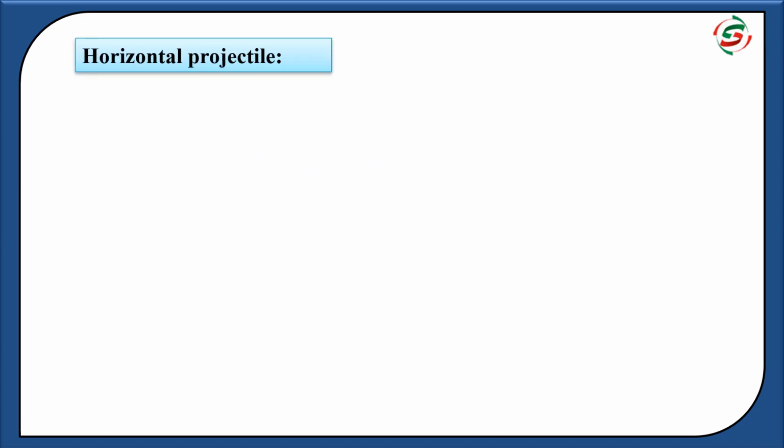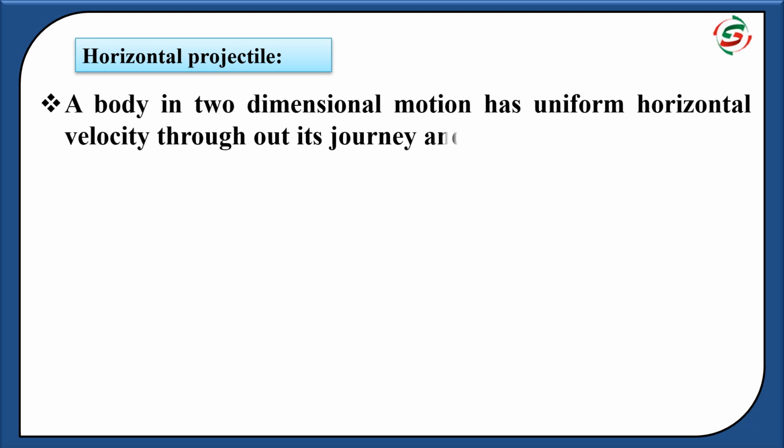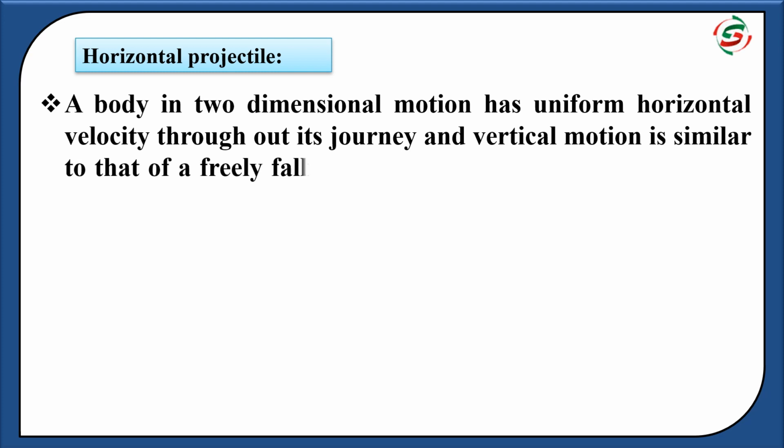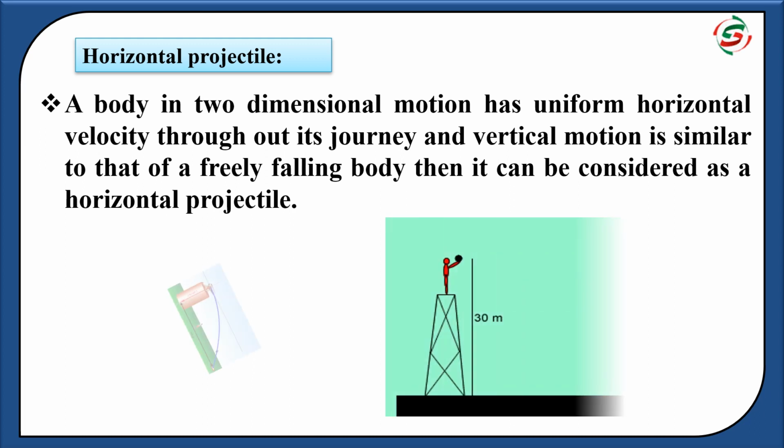Now, horizontal projectile. A body in two-dimensional motion has uniform horizontal velocity throughout its journey, and vertical motion is similar to that of a freely falling body, then it can be considered as a horizontal projectile.